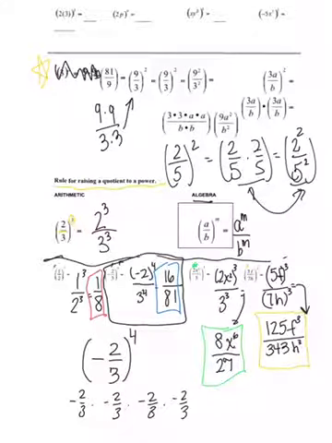So if I think about it like that and I expand it, I'll fix that. Then that means that I have a negative times a negative is a positive, times a negative is another negative, times a negative is a positive. So when I have an even number of negatives being multiplied by each other, my answer is positive.